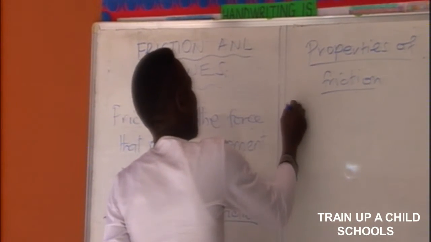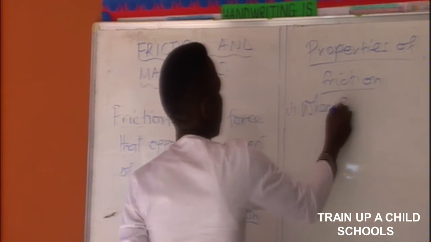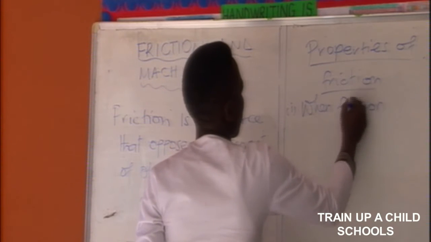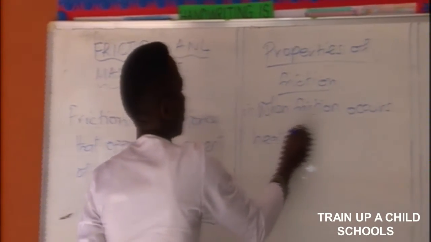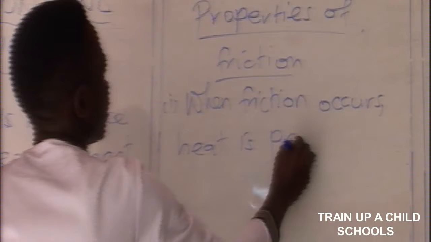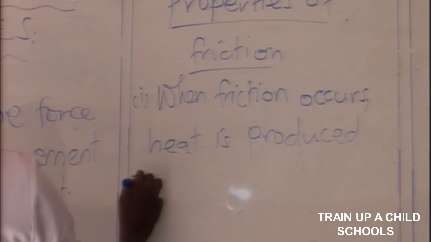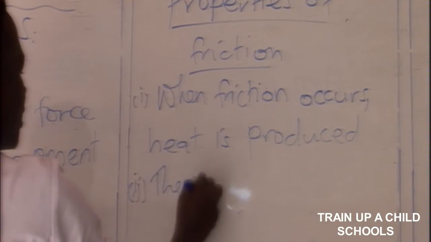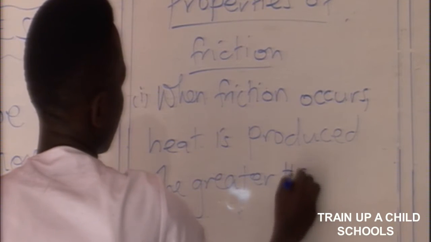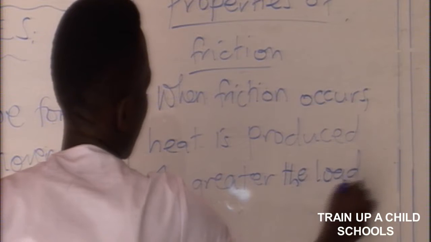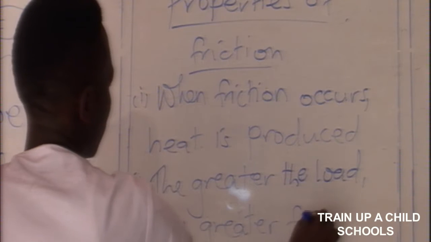So we say the first property is when friction occurs, heat is produced. Point two, the greater the load, the greater the friction force.